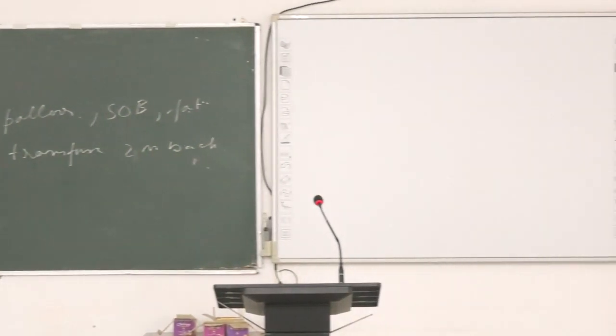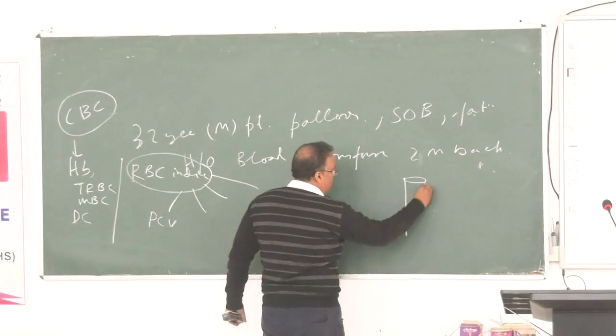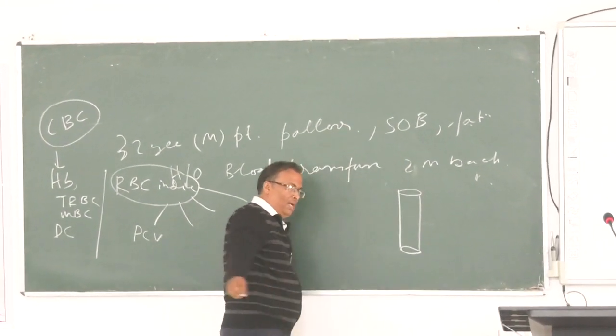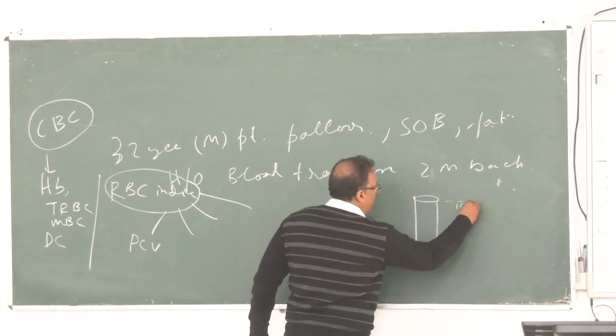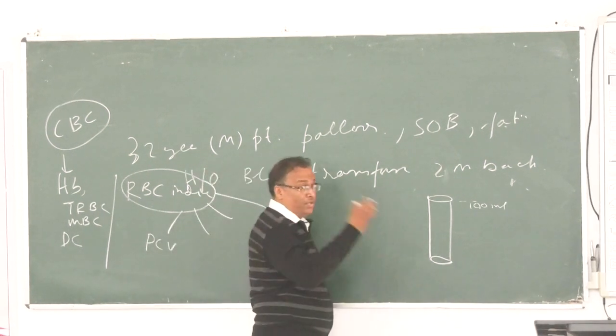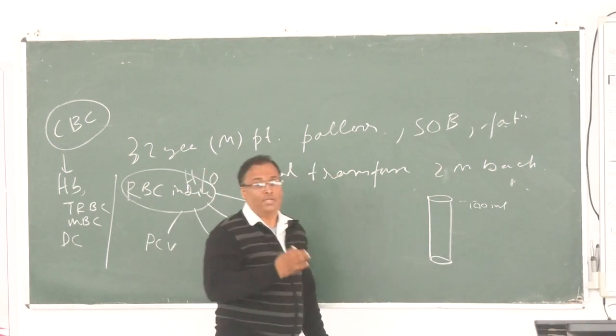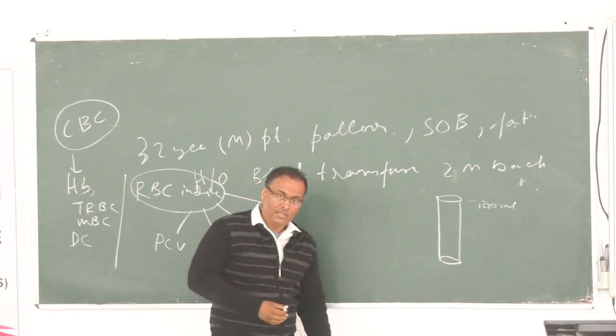If we collect blood from this patient in a test tube and centrifuge the blood. Suppose this is a test tube, and I take 100 ml of blood, and then centrifuge this. After centrifugation, the blood cells and the plasma will be separated.